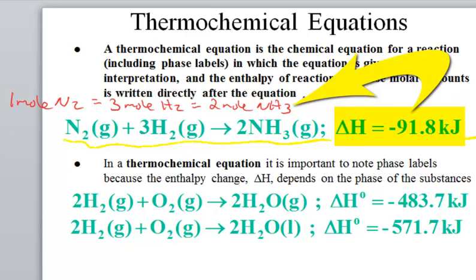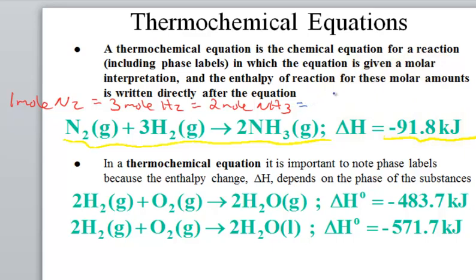So this says if 1 mole of nitrogen, N2, reacted, then 91.8 kilojoules of energy would be released. It also says if 3 moles of hydrogen react, then 91.8 kilojoules worth of energy would be released. This delta H gives you a relationship of energy to moles.